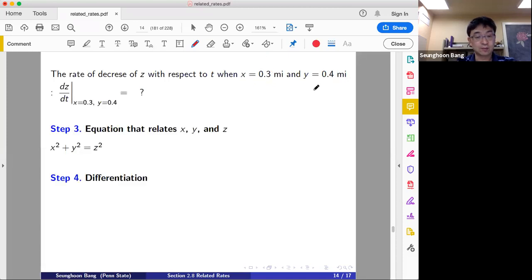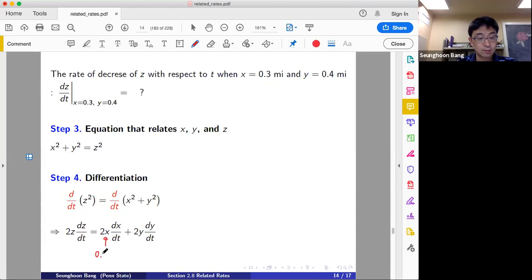So x equals 0.3, y equals 0.4, dx of dt equals negative 50, sorry, negative 50, and dy of dt equals negative 60.